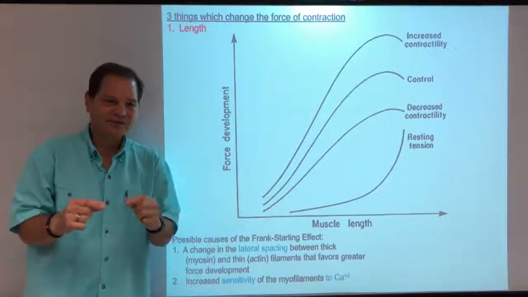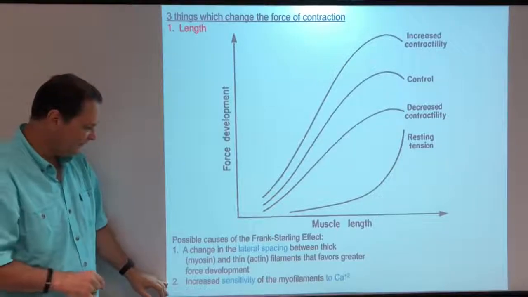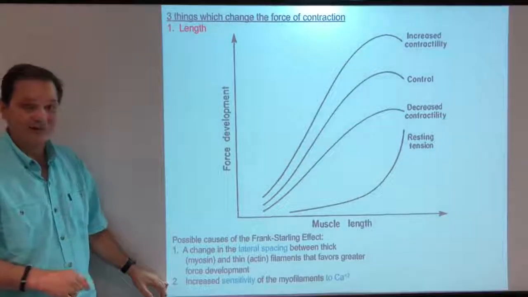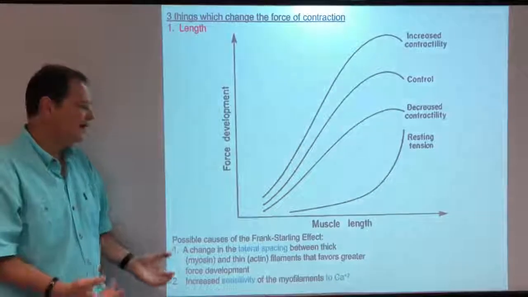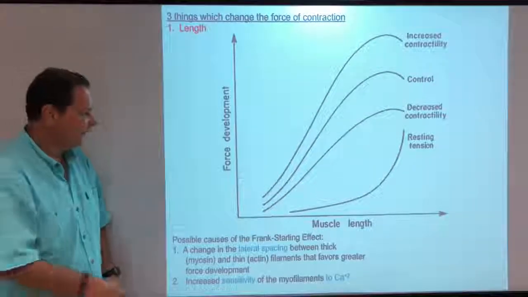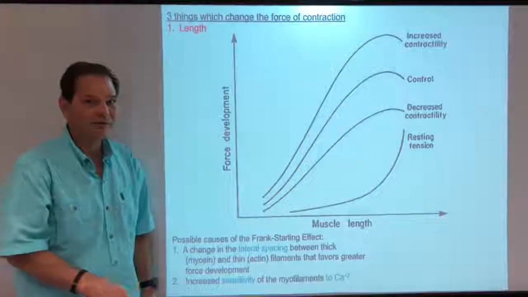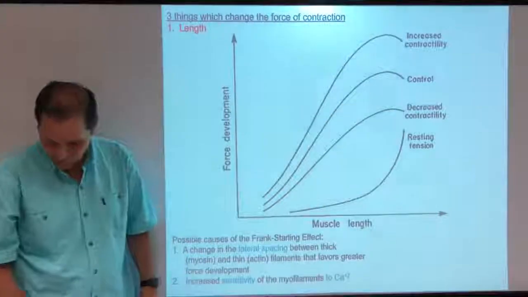So some people think that that might increase the force of contraction. Some people think there's an increase in the sensitivity of troponin C for calcium at different muscle lengths. Could be a combination of these things, could be something different. Okay, this though is well established over many, many years. It is a fact, all right?